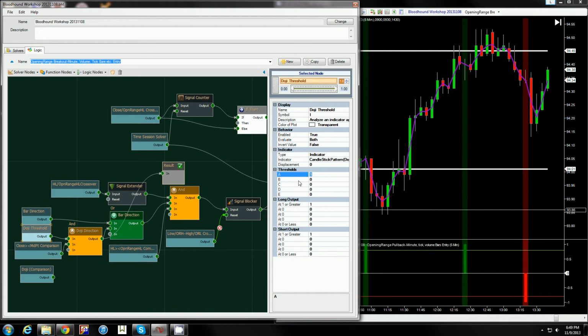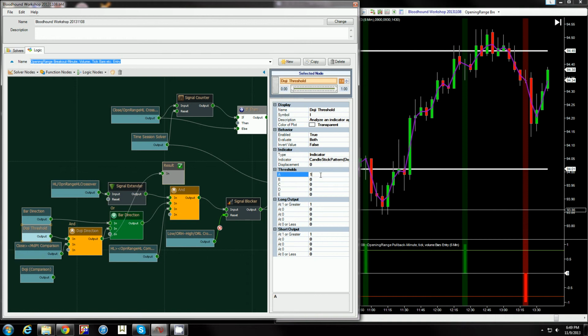So we give a 1, and this needs to be in an ascending order. From E, it needs to ascend up, so the lowest value needs to be at E. If we just have 1, then all we need is just zeros below it, and then 1 for A. So for a long output, we want to give an output of 1 when we're at A or greater, and A happens to be 1 as well.